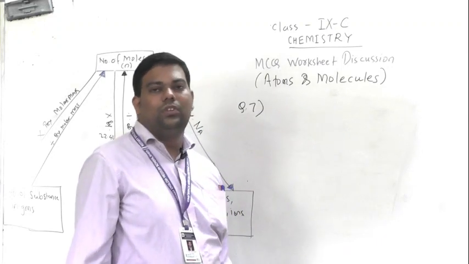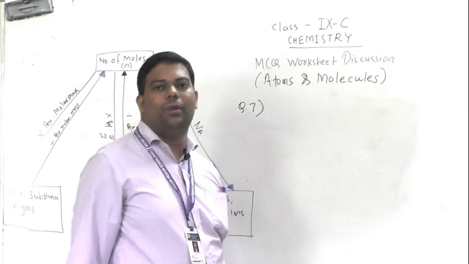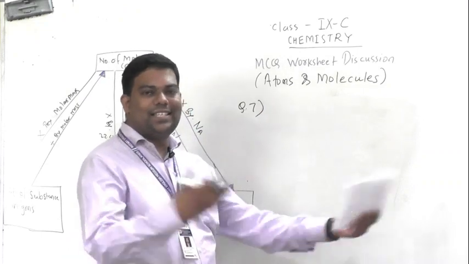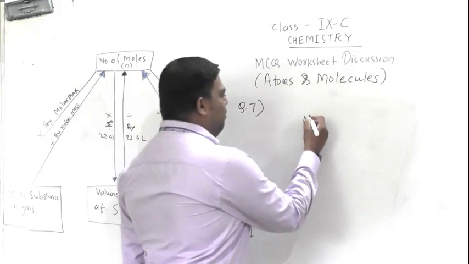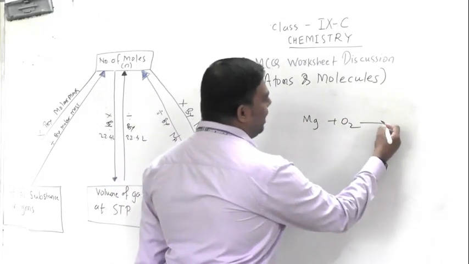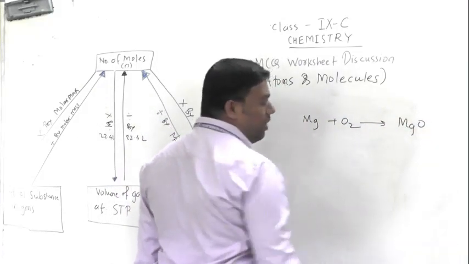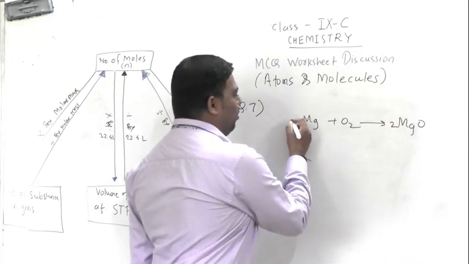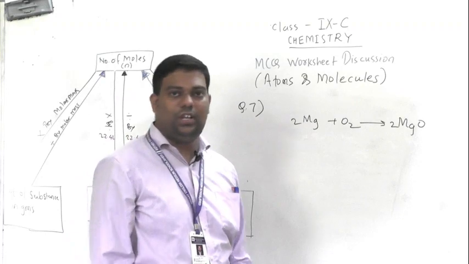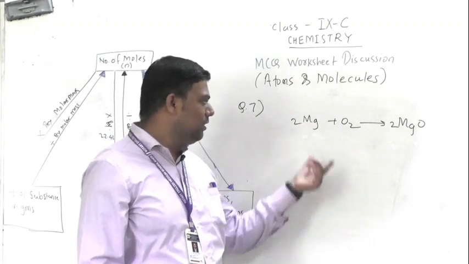As you know, when magnesium ribbon burns, a white dazzling light is produced. So Mg plus O2 gives MgO. It is your reaction. For balancing, here 2, here also 2. So our reaction is balanced.